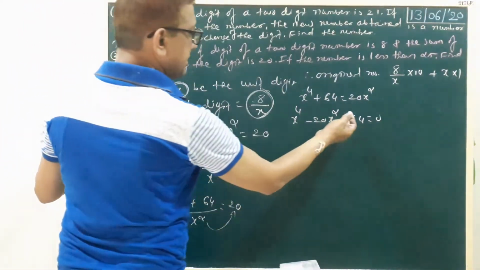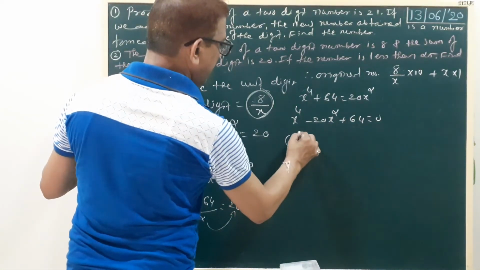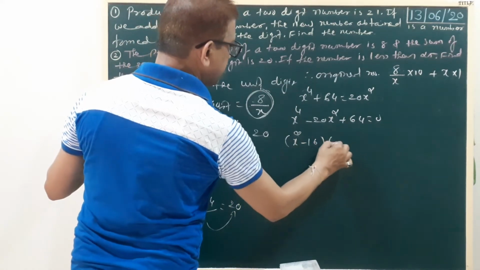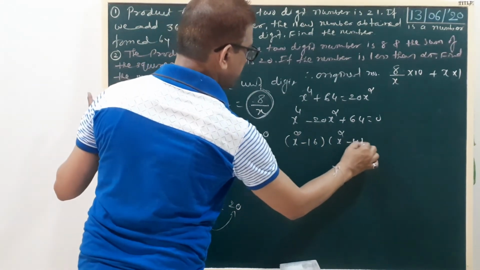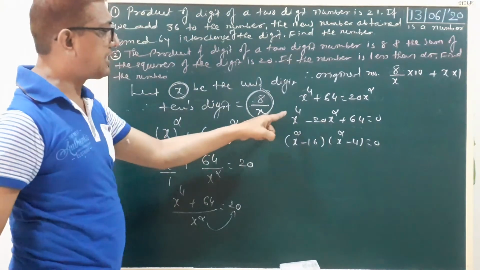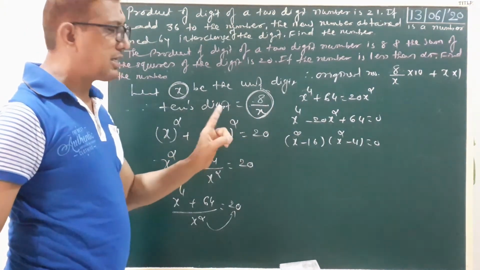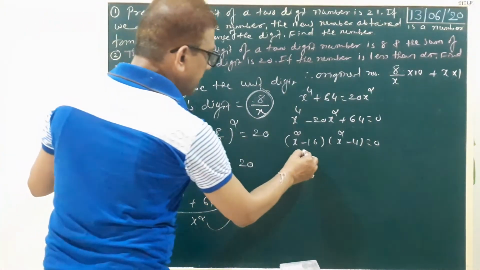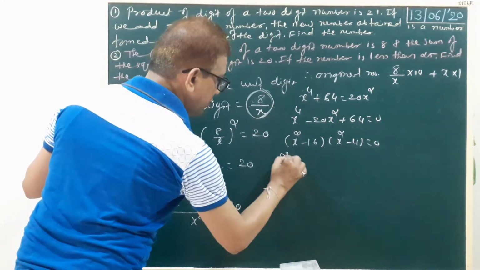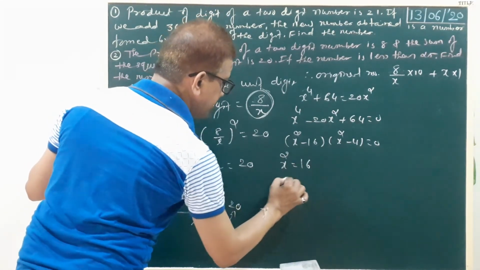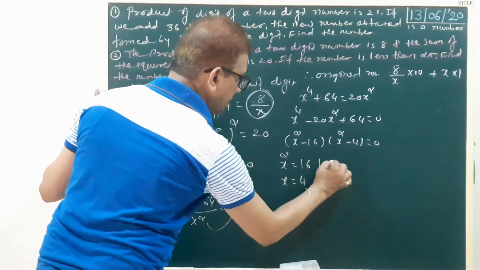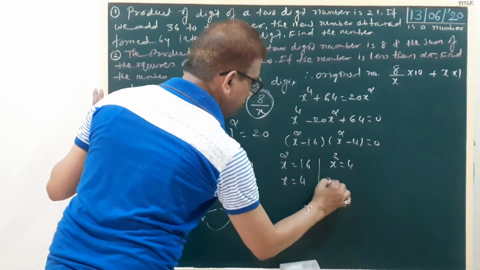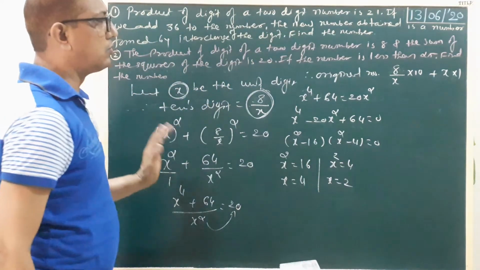Very easy, factorize: 16 fours are 64. So x square minus 16 and x square minus 4 equal to 0. Because the highest power is 4, an even power, it is a quadratic equation. Negative is not possible. So x square equal to 16, so x equal to 4. x square equal to 4, so x equal to 2.